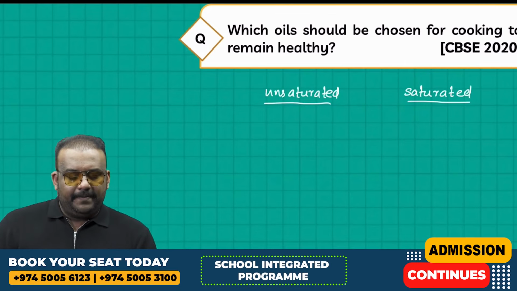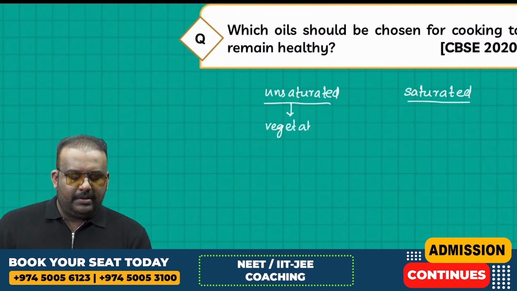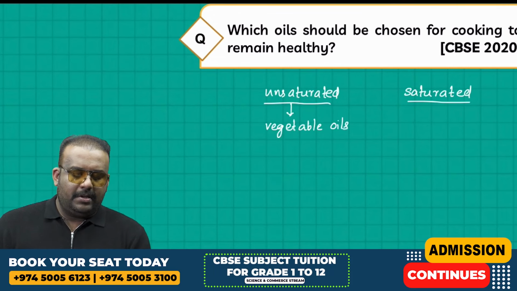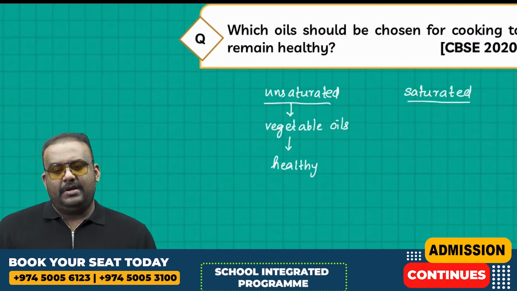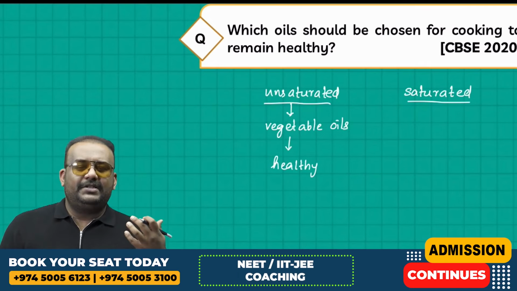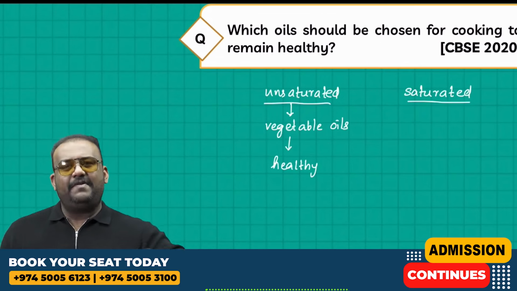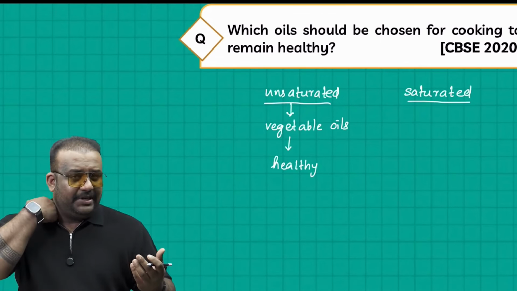See, usually vegetable oils are unsaturated and they are healthy as well. The risk of deposition of these kinds of fats in the blood vessels is very less if you have unsaturated hydrocarbons in the oils.